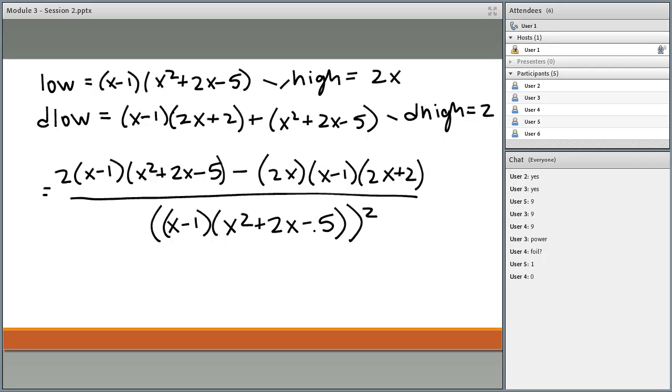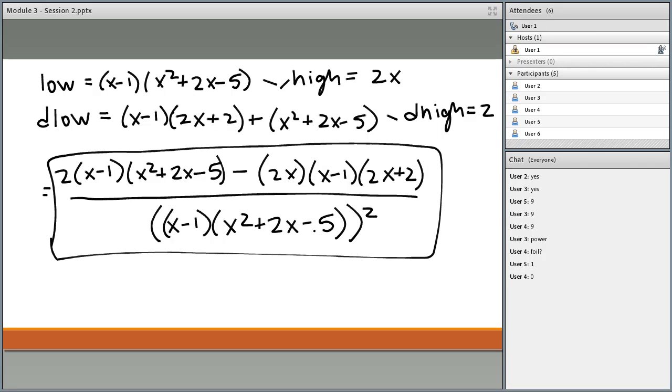Again, if we were asked to find the critical value, and that will come in future sections, we would have to simplify more. And we could here, it's just that this numerator is pretty complex, so we can leave it the way that it is. Are there any questions?